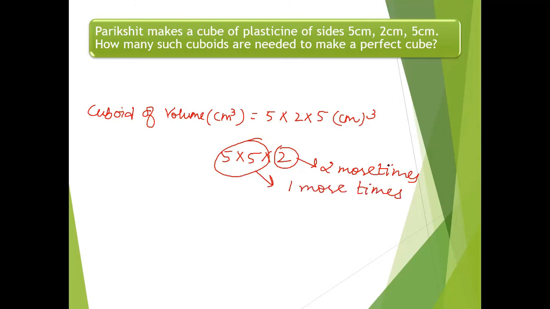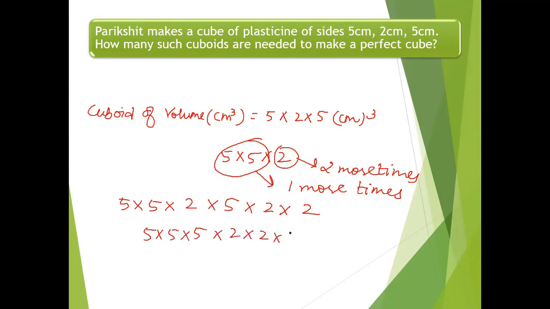That will make a group. So when we multiply this with 5 one time and 2 two more times, it will be a perfect cube, because now the prime factors are making groups of 3. 5 is making a group of 3 and 2 is making a group of 3.